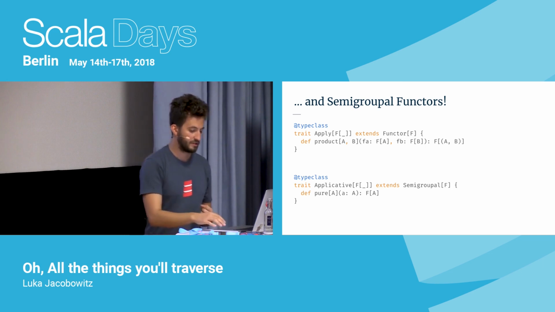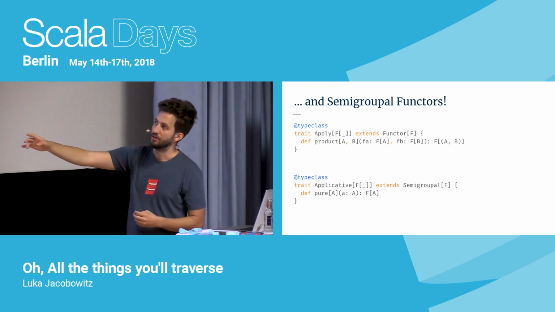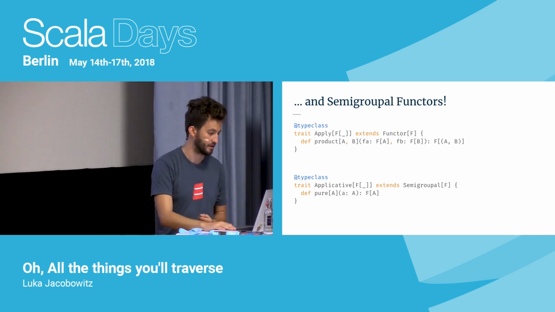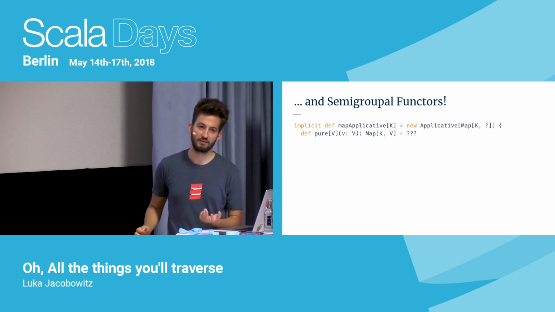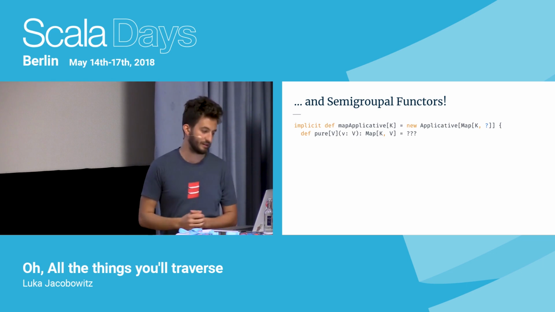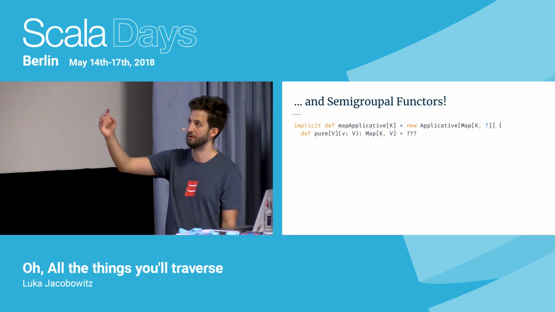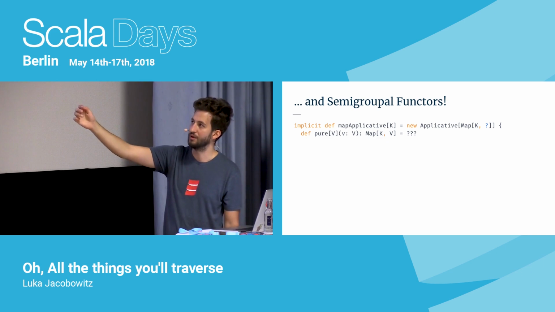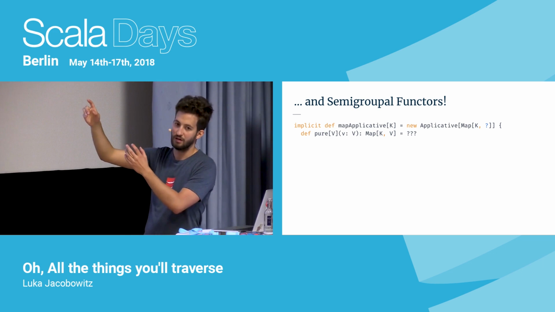And why do we need that? Well, you can also traverse over things that don't have a pure function if you use this apply, if you have a non-empty collection. As an example, you can try to create an applicative for something like map, and you might run into errors immediately, because how do you create a value of Map[K, V] if you only have a value of V?